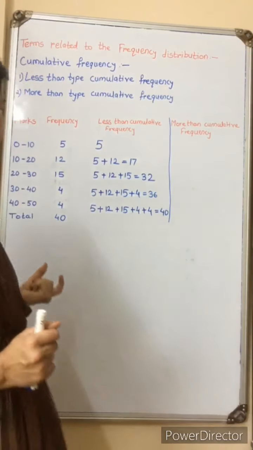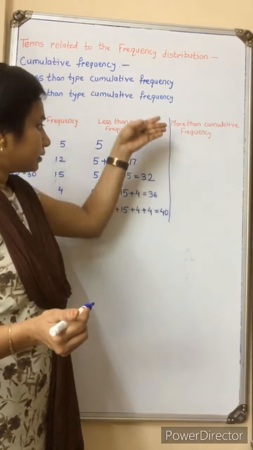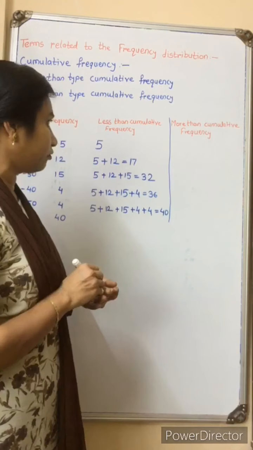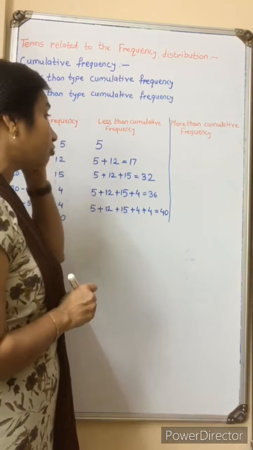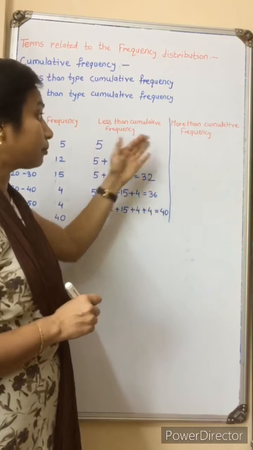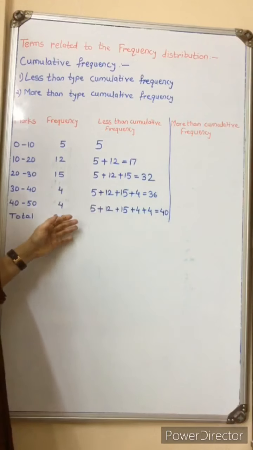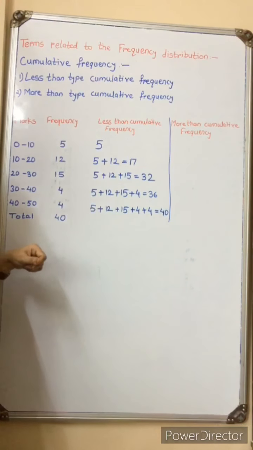Now we calculate exactly in the opposite direction to find the more than cumulative frequency. What is the purpose of more than cumulative frequency? Here we say the number of students having greater than 10 marks, greater than 20 marks, greater than 30 marks, greater than 40 marks.